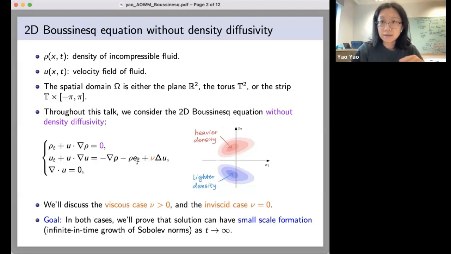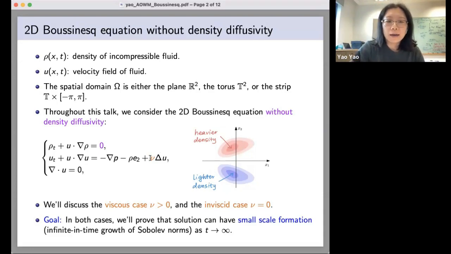This is the key term that couples the density and the velocity together. It says that gravity is pointing downwards. In this picture, because the mean density is equal to 0, the red part experiences a force pulling it down, and the blue part experiences a force trying to pull it up.